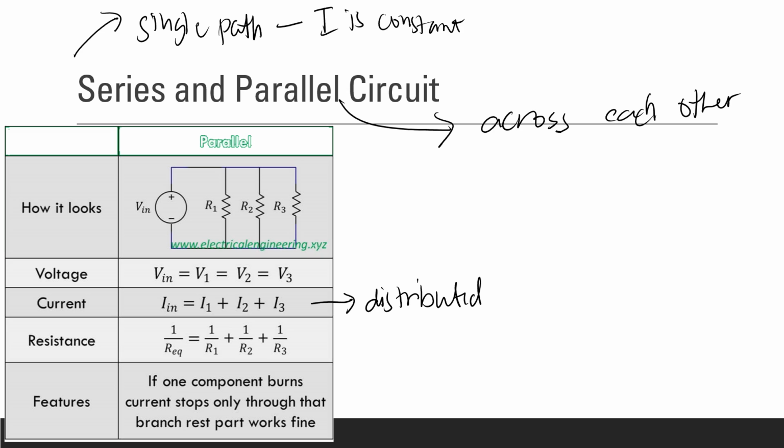What do we mean by that? The magnitude of current in each of the circuit elements in a parallel circuit is not the same. However, the voltage drop across each of the circuit elements would be the same because, again, there is an alternative path for current to flow.